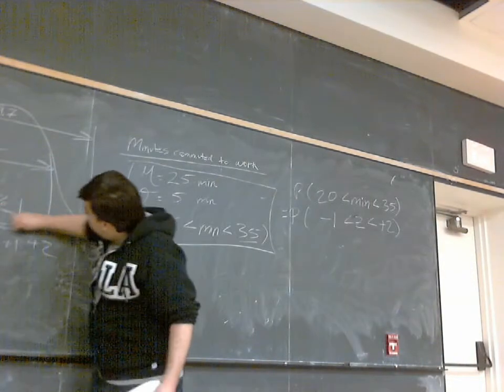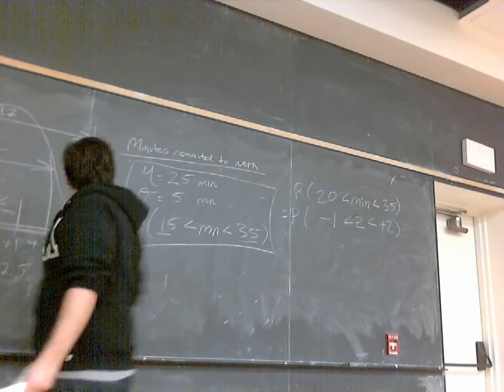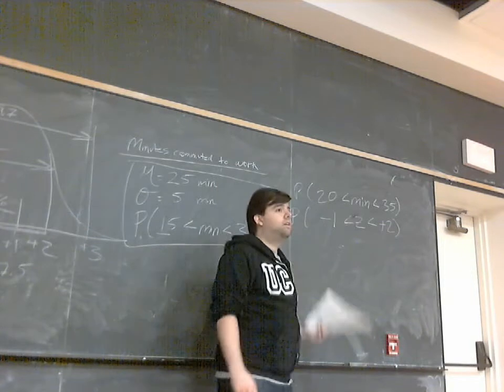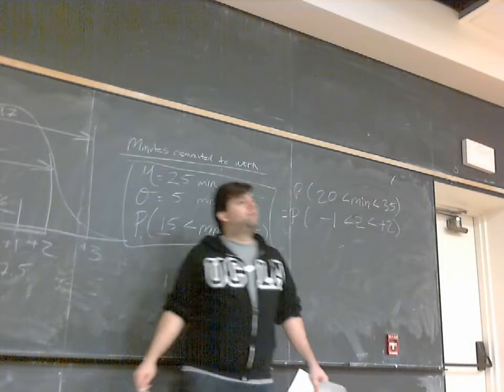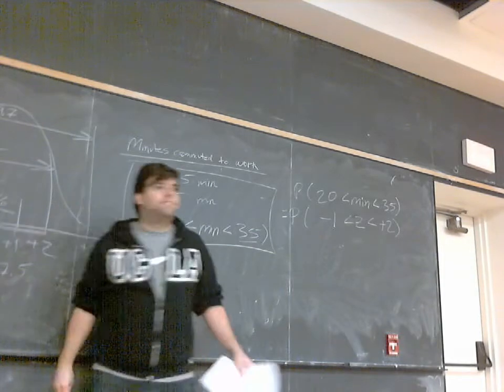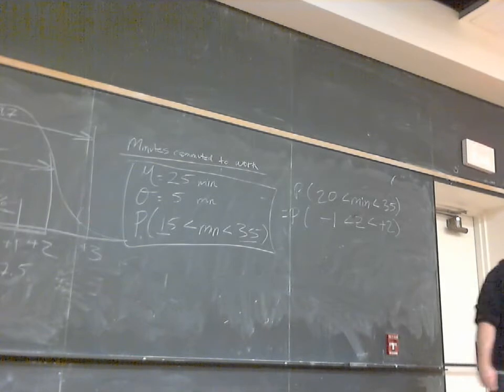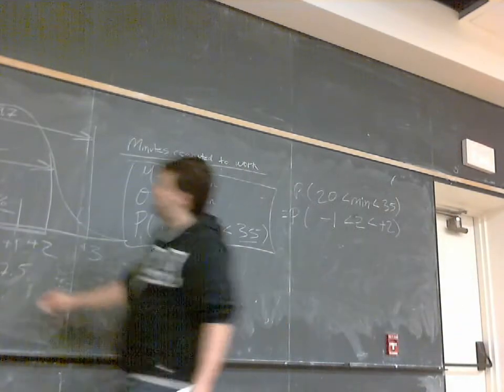We know from 0 to +2 was 47.5. What piece am I missing there? -1 to 0. This piece here. What is -1 to 0? 34. Exactly, 34. Half of 68.